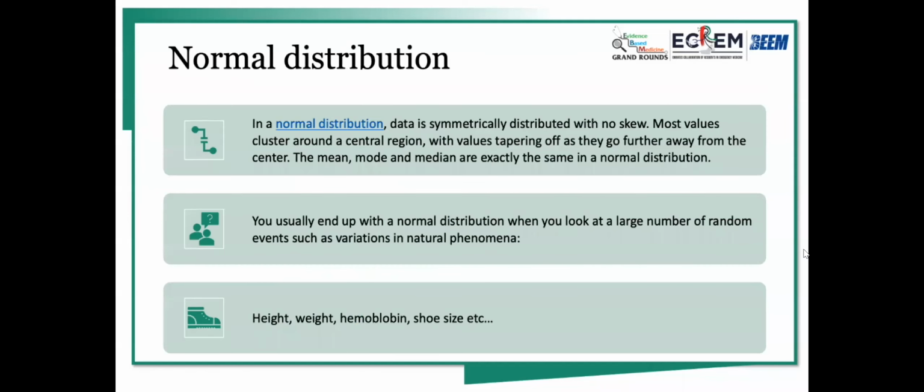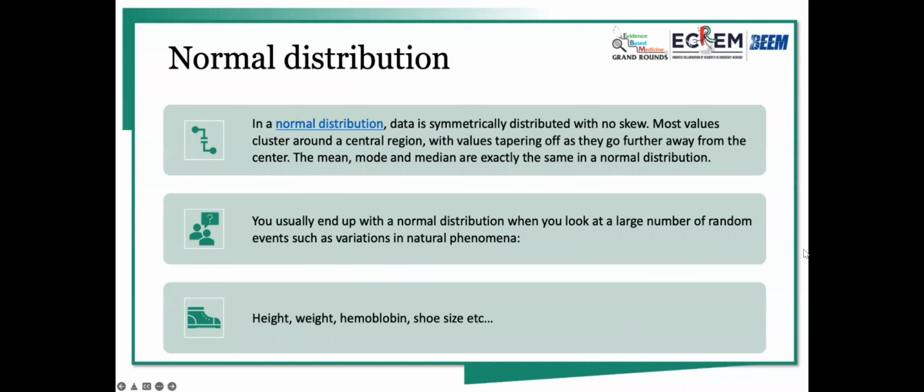Now let's talk about the normal distribution, because the normal distribution is one of the most frequent that we see in natural phenomena, and also because many statistical techniques assume a normal distribution so that we could calculate and derive assumptions in understanding from the data.